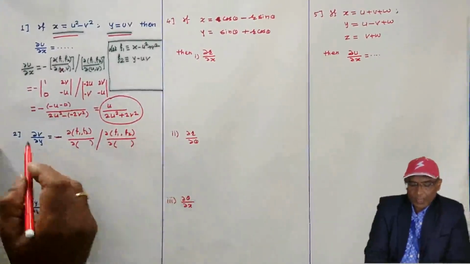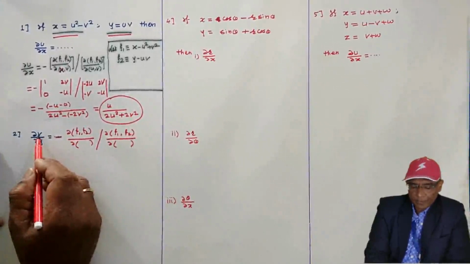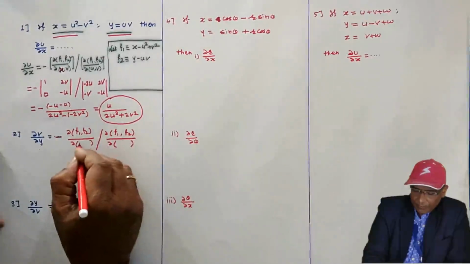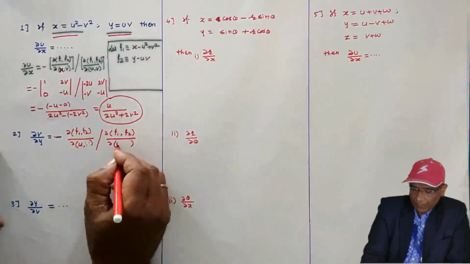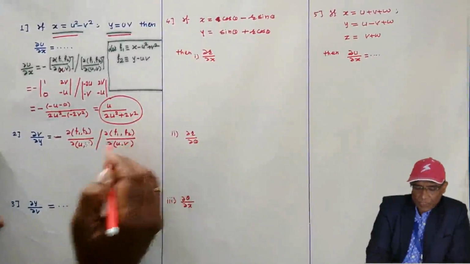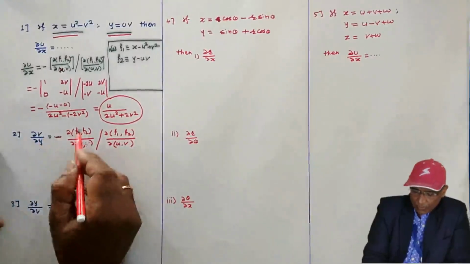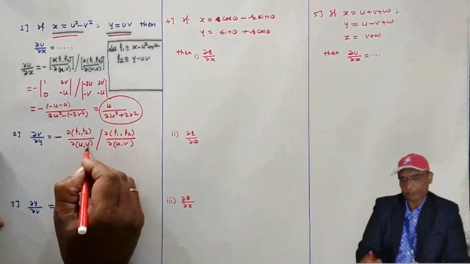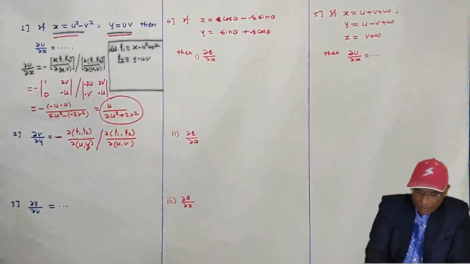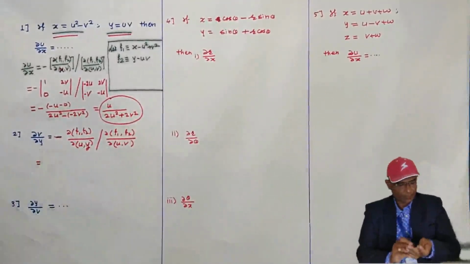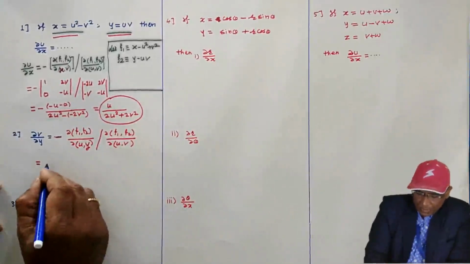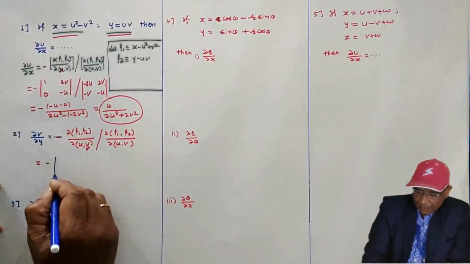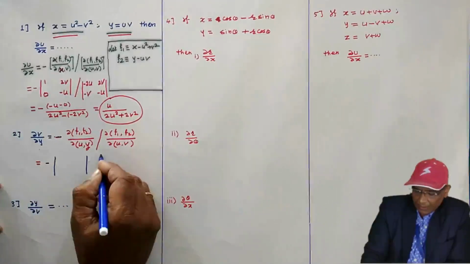V is present in the numerator of the partial derivative. V comes under the group of uv. I am writing uv, and replace v by y in the numerator Jacobian. Now, by definition of the Jacobian, minus determinant divided by determinant.